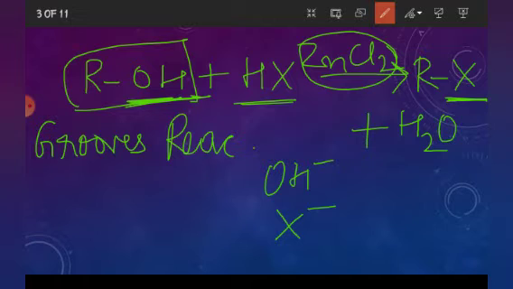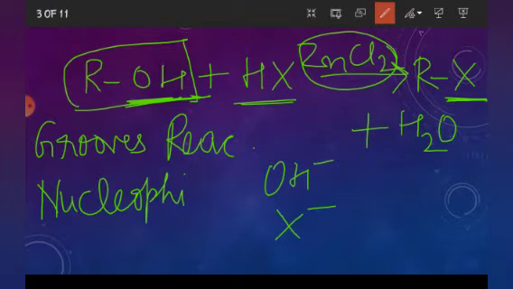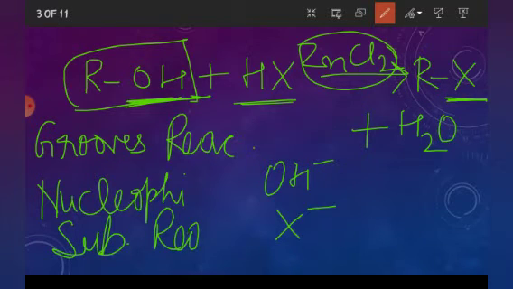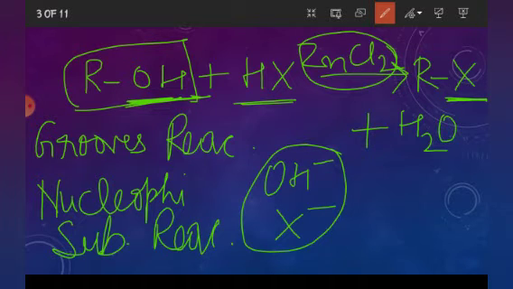So this reaction is known as nucleophilic substitution reaction. Why nucleophilic? Because these are nucleophiles, which means nucleus loving, and they carry a negative charge.